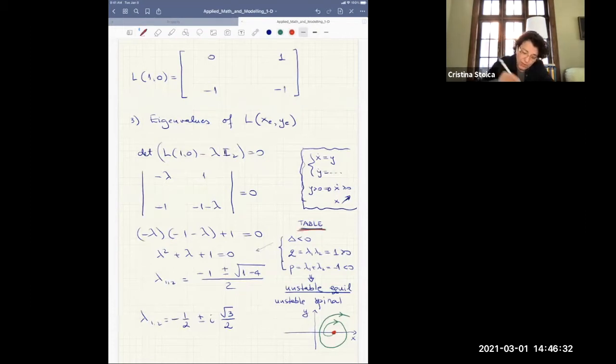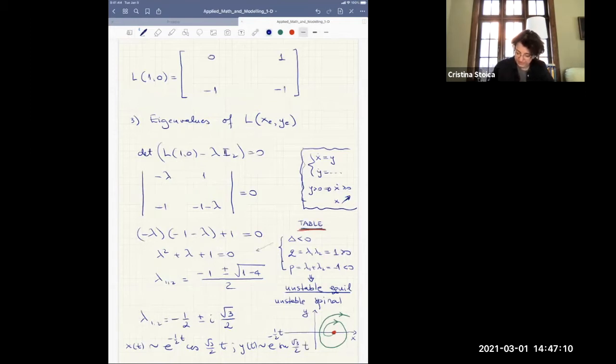For me personally, I'm thinking that X of t is something like e to the minus 1 over 2 t times cos of root 3 over 2 t, blah, blah, blah, and Y of t is something similar, e to the minus 1 over 2 t times sine of root 3 over 2 t.